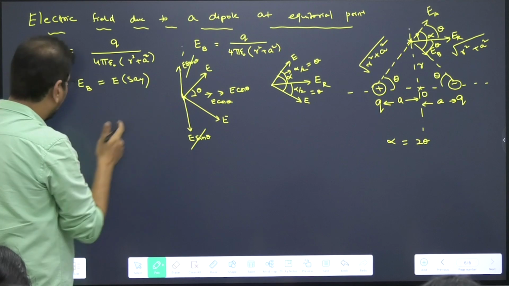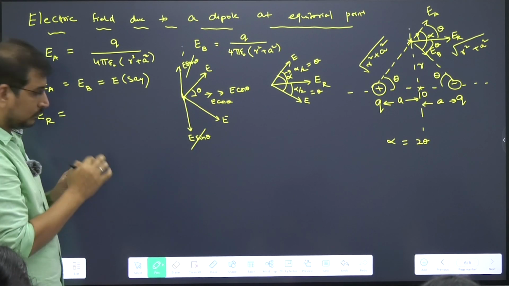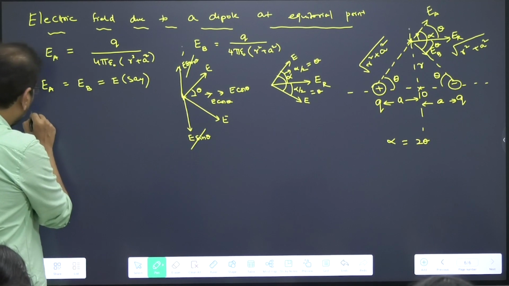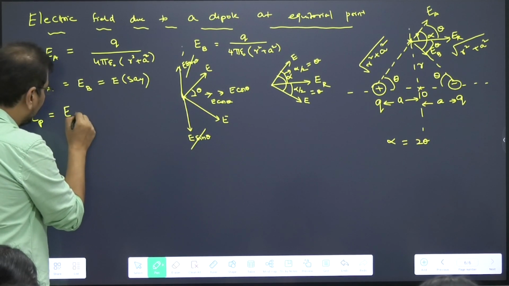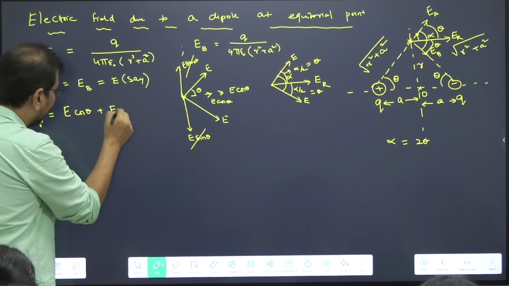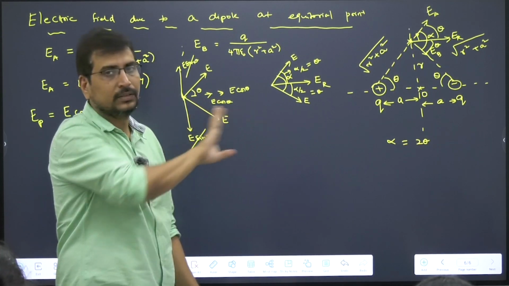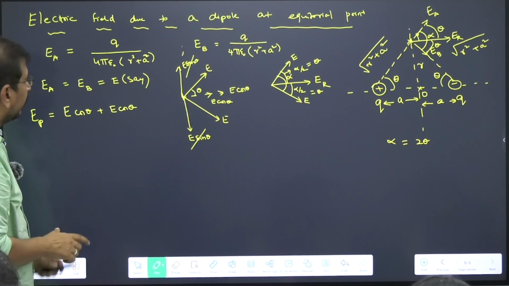E cos theta gets added to E cos theta. So electric field at point P is equal to E cos theta plus E cos theta. This is not the principle of superposition, rather we are adding the vectors in that direction. So that's why I'm not putting an arrow mark on top of it.